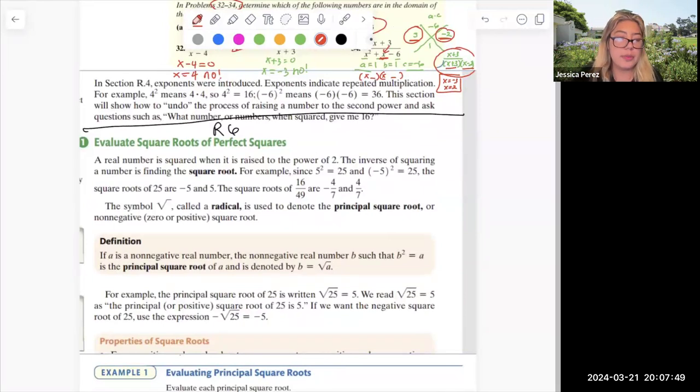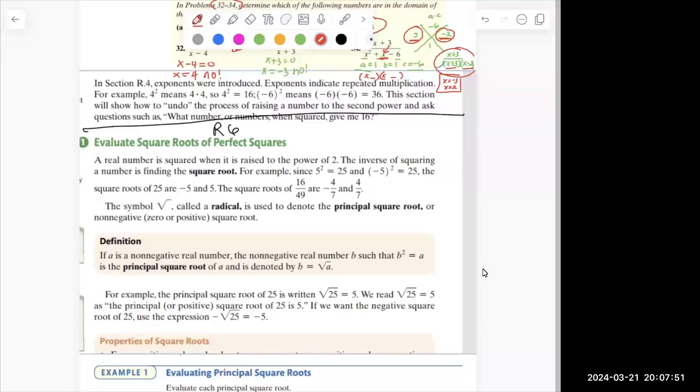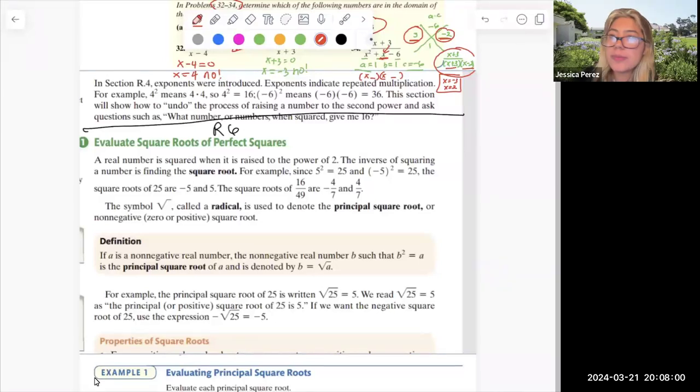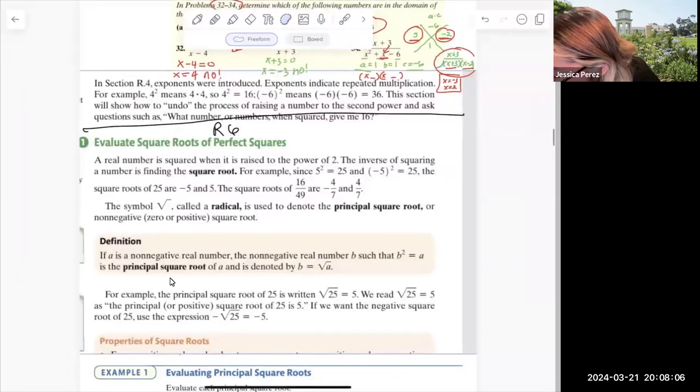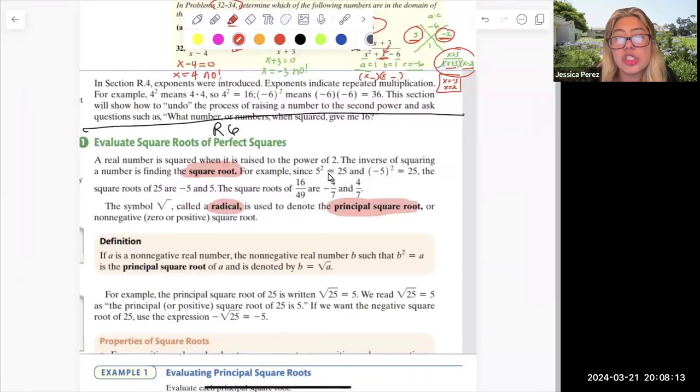So let me put in my photo. The first thing that we want to do is make sure we define what a root is. So there's a principal square root. A square root is only for squares.